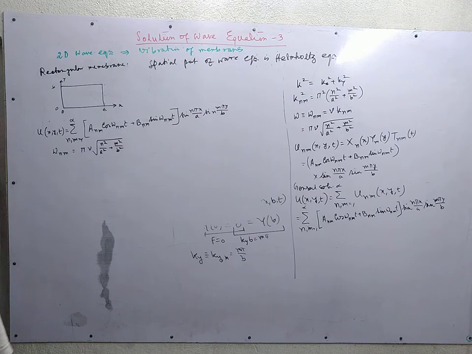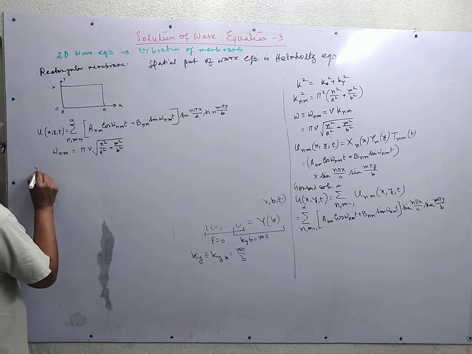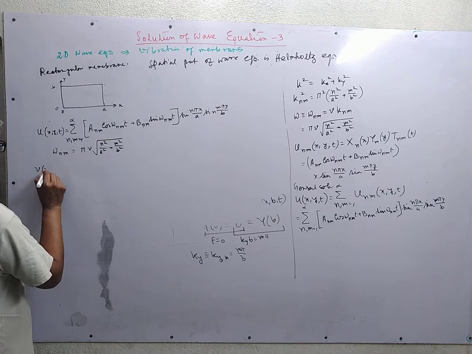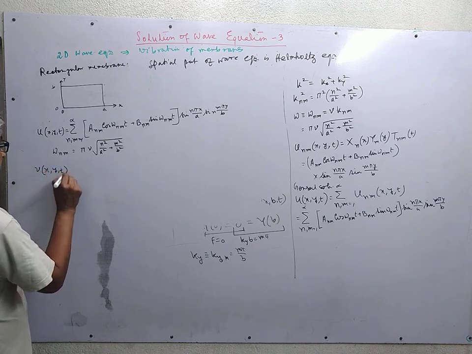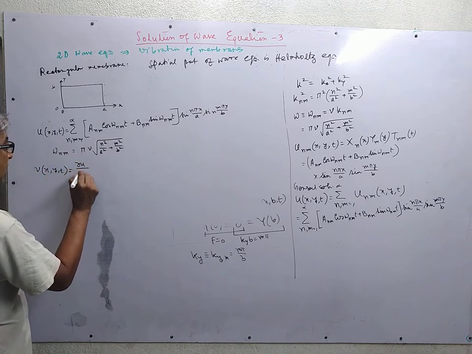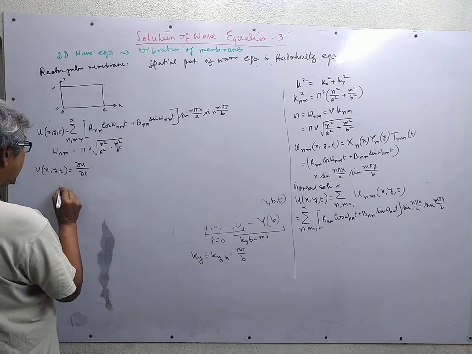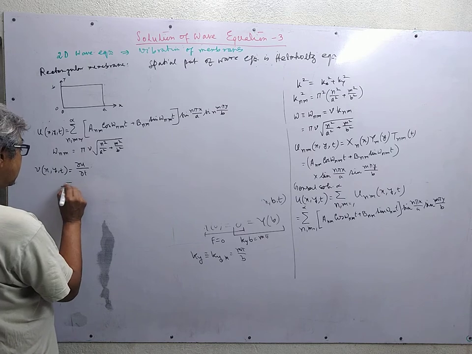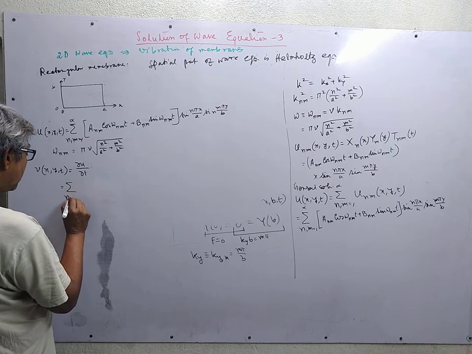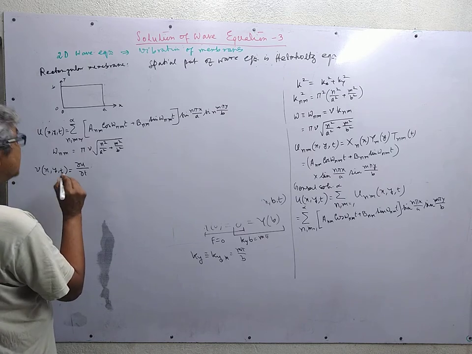Now, we know the velocity. Velocity is del u by del t. If we differentiate this expression, we get summation over n m from 1 to infinity.